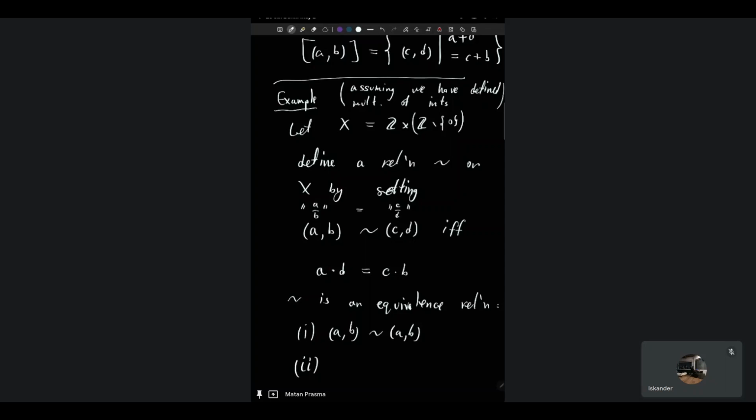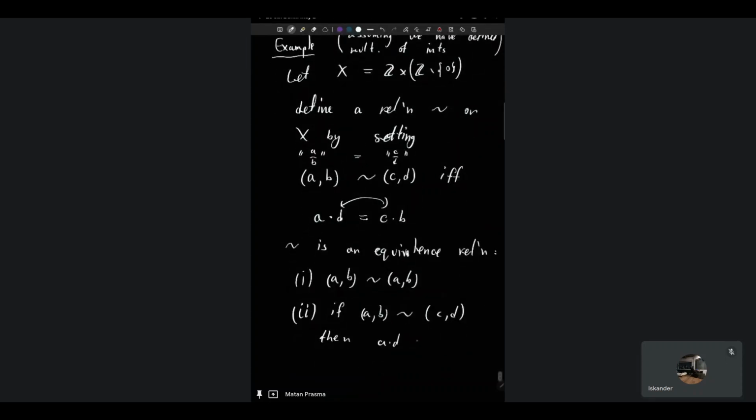Then for symmetry, if the pair A comma B is equivalent to the pair C comma D, then just reversing this equality, we know that AD is equal to CB, which is the same as saying that CB is equal to AD.